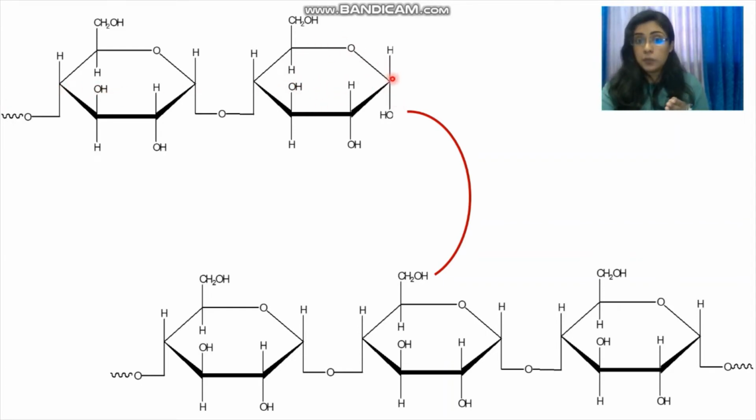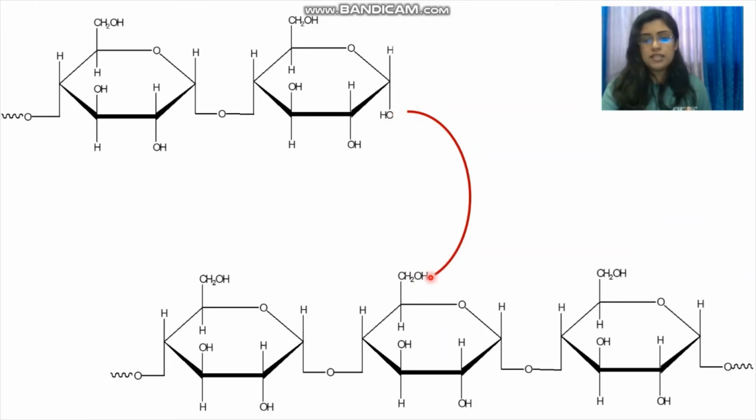Now what happens is, between the C1 of a terminal glucose unit in the first chain, the ending glucose unit, and the C6 of another chain, from the second amylose chain, I consider any one glucose unit, this middle glucose unit in this example. C6 of that is that CH2 which I have here. So between this terminal C1 of my first amylose chain and the C6 of the second amylose chain, a linkage occurs like this.